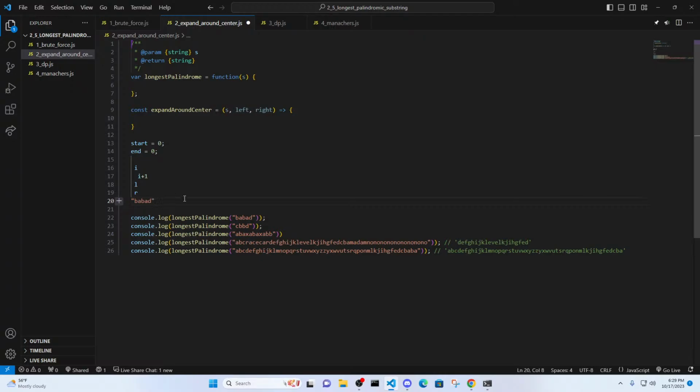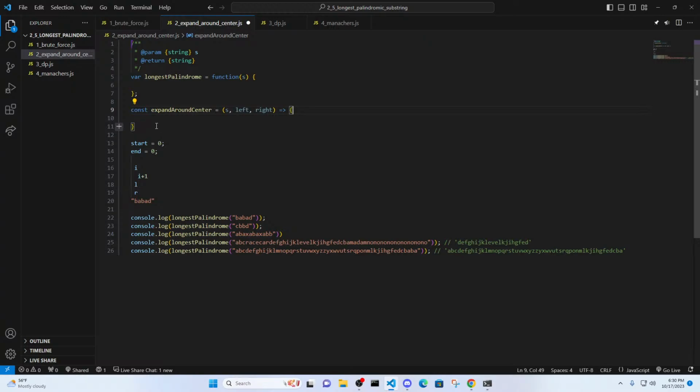ExpandAroundCenter, passing in i and i, is going to give us the value for any palindrome whose center is i, and when we pass in i and i plus 1, it's going to give us the value of the palindrome whose center is those two values. So this accounts for both odd and even strings.